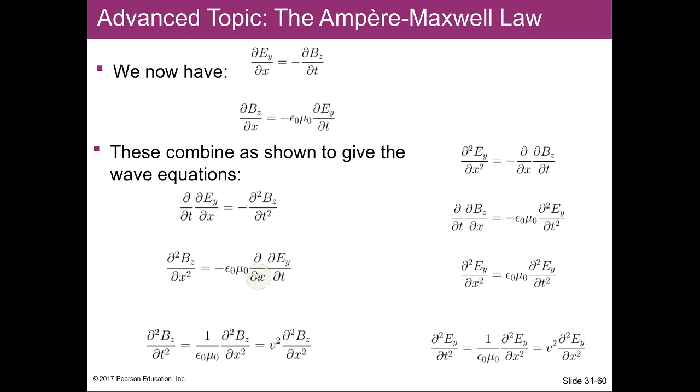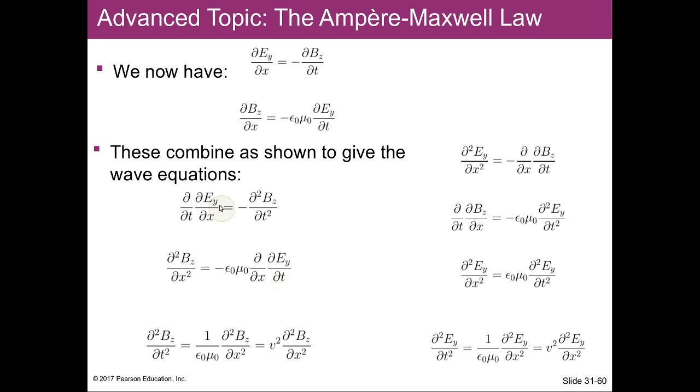Now, the order of differentiation doesn't really matter. d by dx of d by dt of a function, when the function is well behaved, as we demand for anything that represents a physical quantity, is the same as d by dt of d by dx of that function.